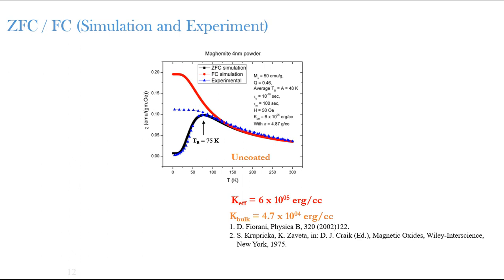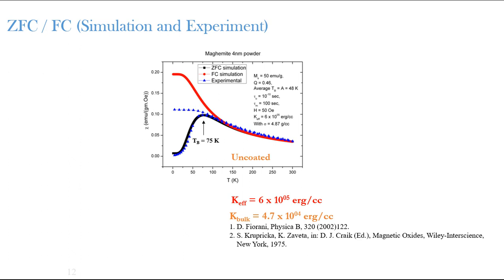And the effective anisotropy constant was fitted from this curve, which comes out to 1.6 into 10 to the power 5 erg per cc, which is higher than the bulk value. This is normally observed in nanoparticles and well published in literature, and this is due to the fact that the effective anisotropy constant in ferromagnetic nanoparticles is usually high due to the contribution of the surface anisotropy.